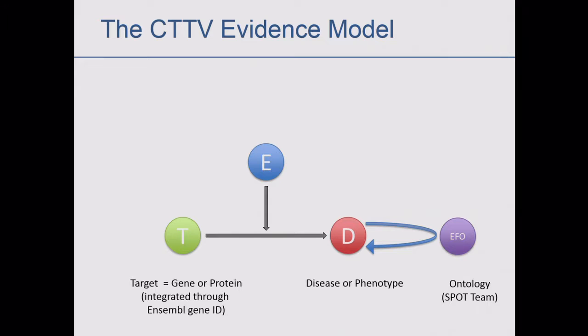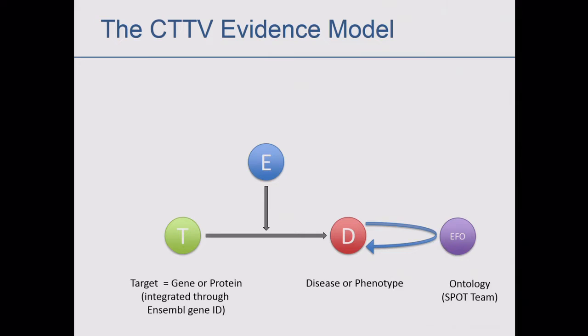We integrate synonyms from proteins, etc., so you can identify the target. And then on the disease side, we use an ontology which is called the Experimental Factor Ontology to relate diseases to each other, which now allows us to build up a hierarchy and move smoothly between different diseases or phenotypes.